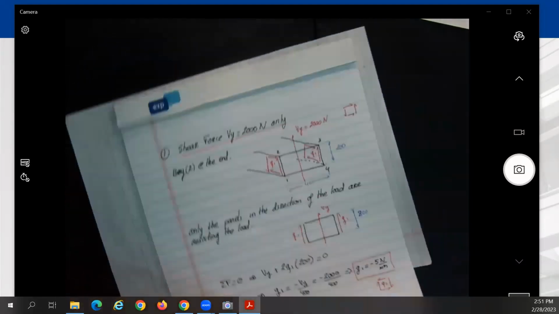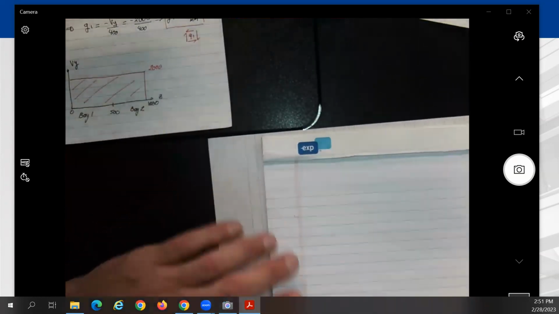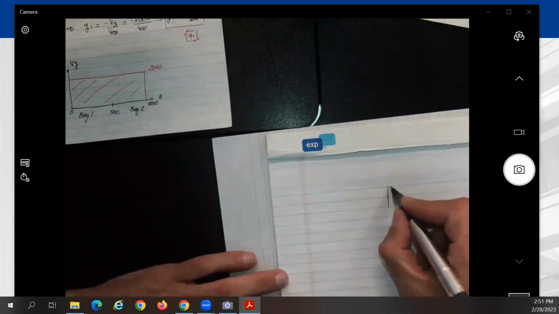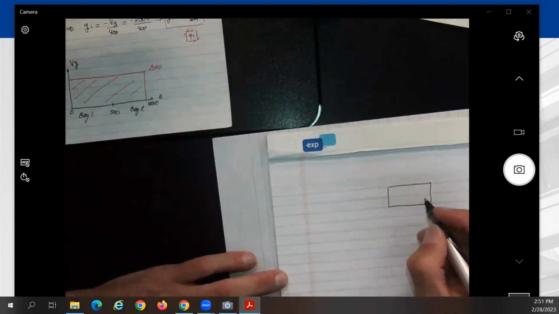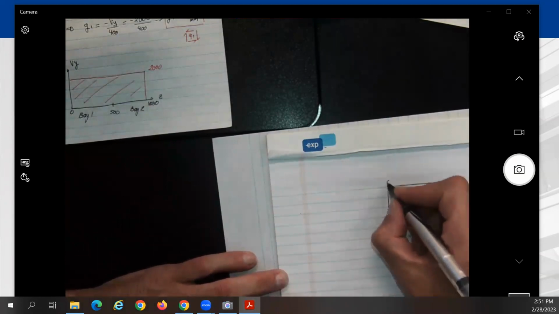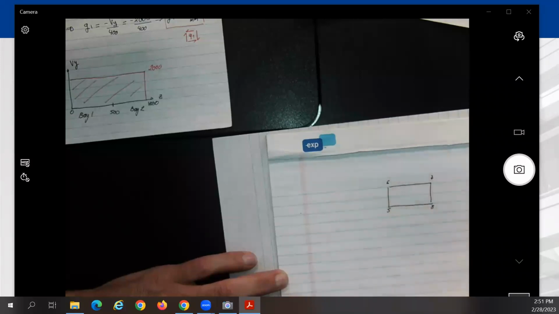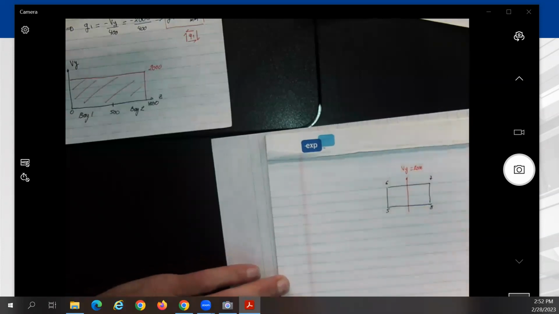I'm just going to redo the same panel. We can do exactly the same procedure, but I'm going to go a little bit faster. So for the panel 5, 6, 7, 8, we know the value of the load is still the same.